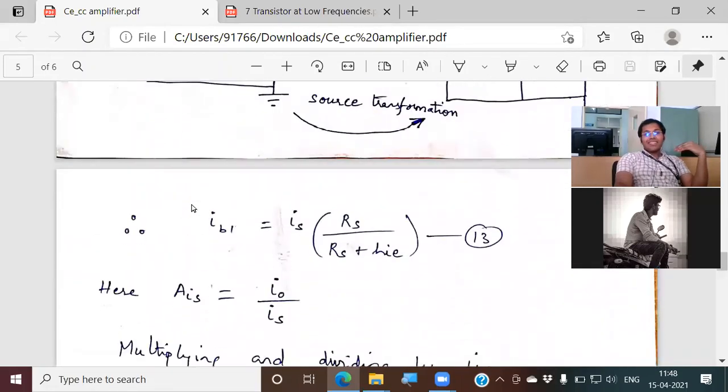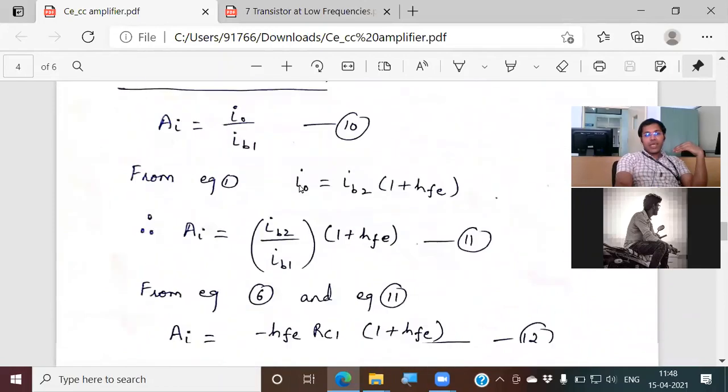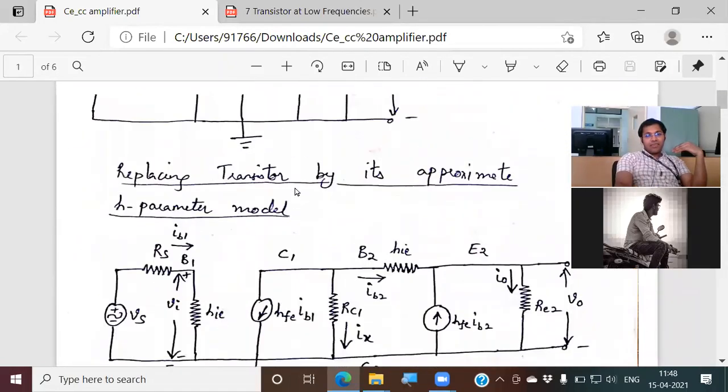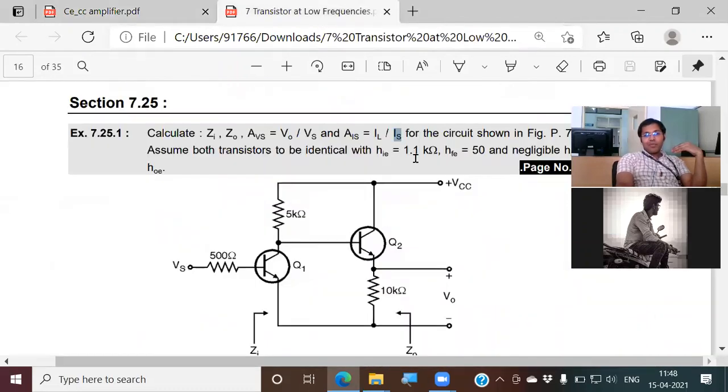What is AIS? AIS, I can write it as I naught by Is, as I have been telling you. Please note, in the problem they call it IL. Different authors will give different names: IL load current, I naught output current, same. So suppose in a question they give I naught, don't get confused.